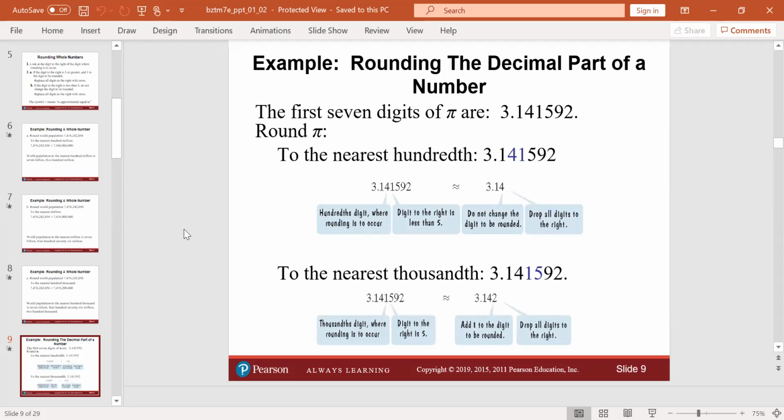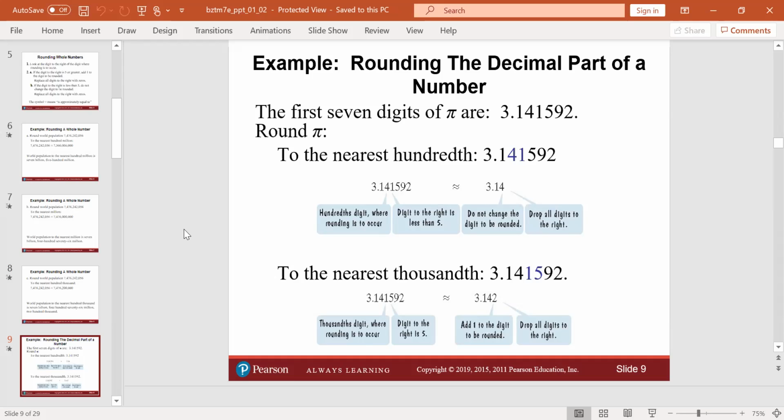Rounding intermediate values that you use along the way in a calculation can create problems. It just can. Let's say you're doing a problem and it wants to know the monthly payment for a mortgage on a $200,000 house, and the monthly payment is going to end up being maybe about $1,000.